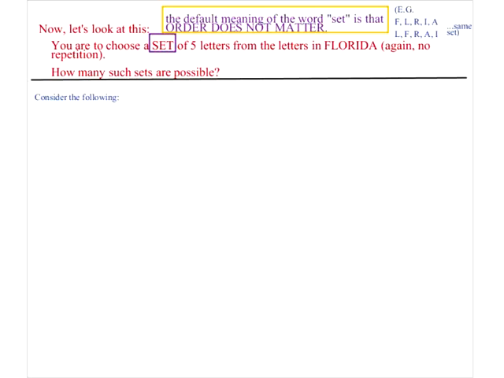F, L, O, R, I; F, L, O, I, R; F, L, R, I, O; etc., all the way down to I, R, O, L, F. If these are codes, then they're all considered different.